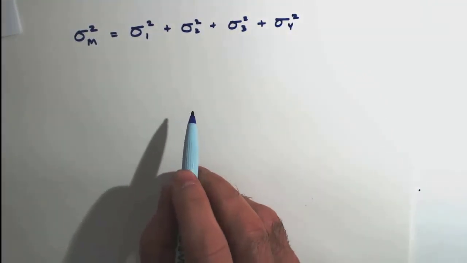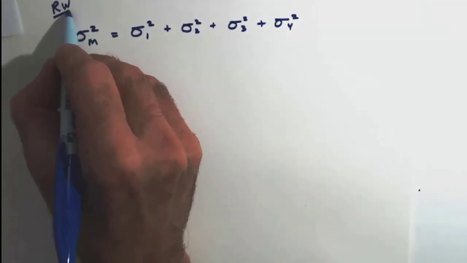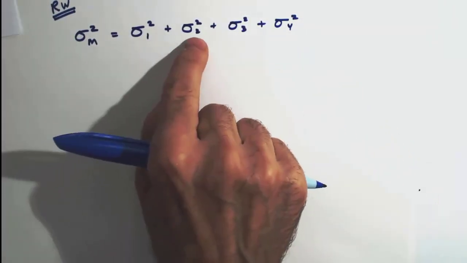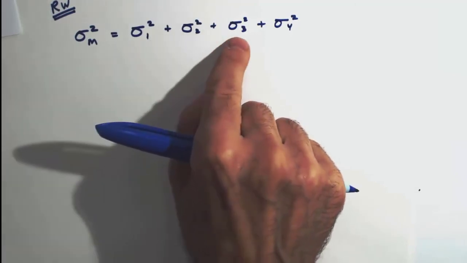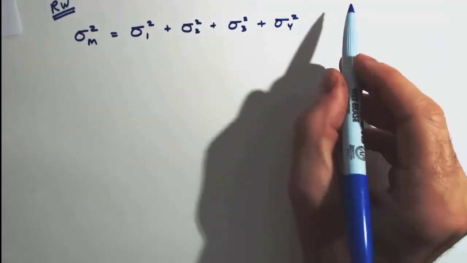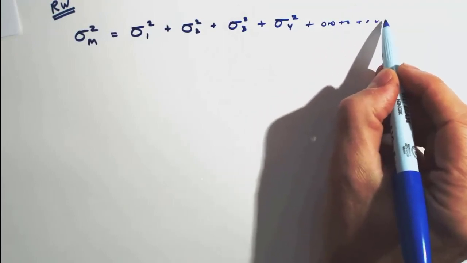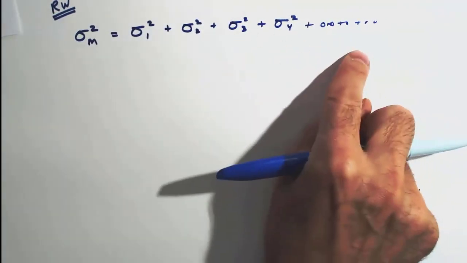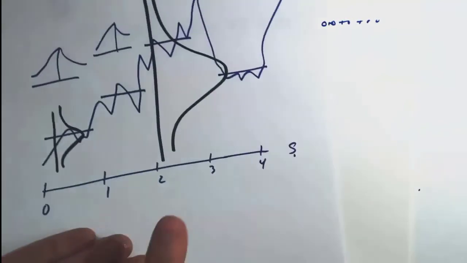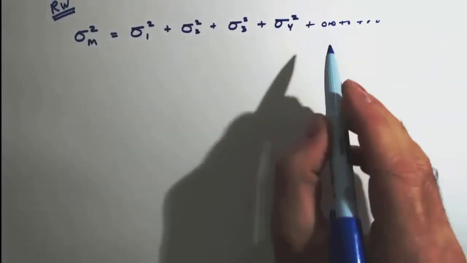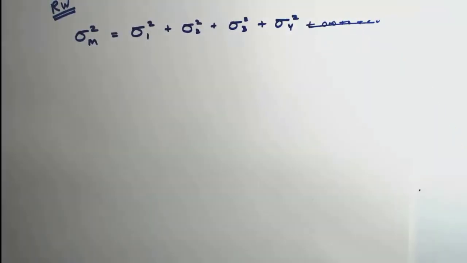Okay? And since this is a random walk, the covariance terms, how does week 1 behave relative to week 2? How does week 1 behave relative to week 3? And so on. All those covariance terms are 0, which means there's no correlation from one week to the next. There's no correlation one week to the next in this graph. And so all these zeros cancel out.